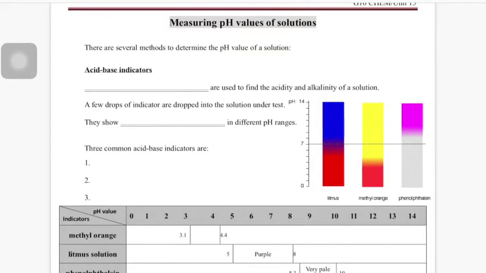So acid-base indicators are used to find the acidity and alkalinity of a solution. A few drops of indicator are dropped into the solution under test, and they show different colors in different pH ranges.